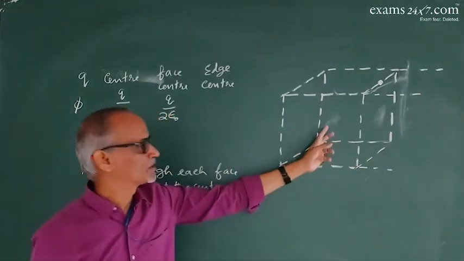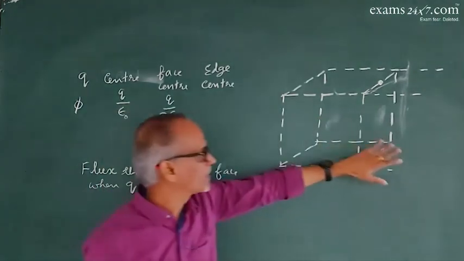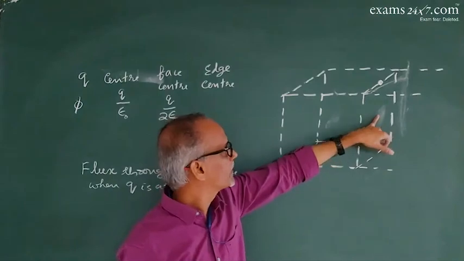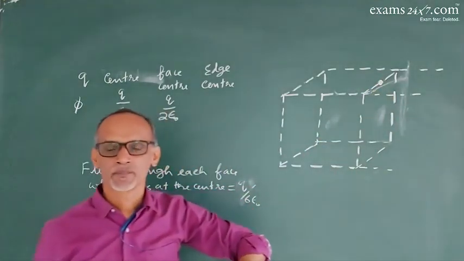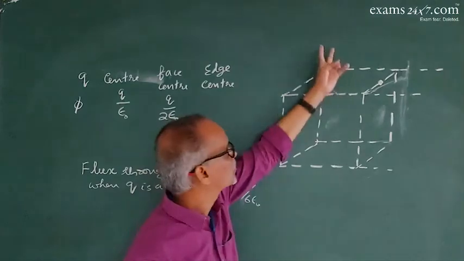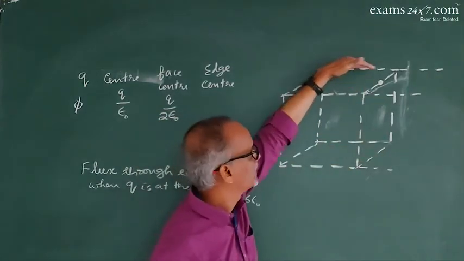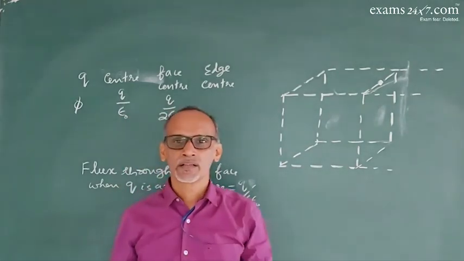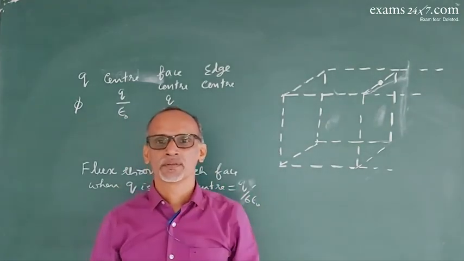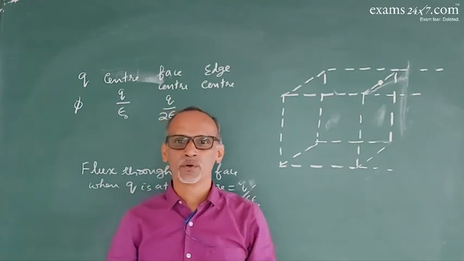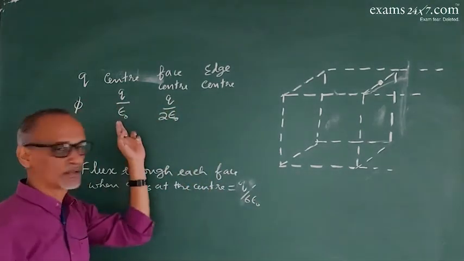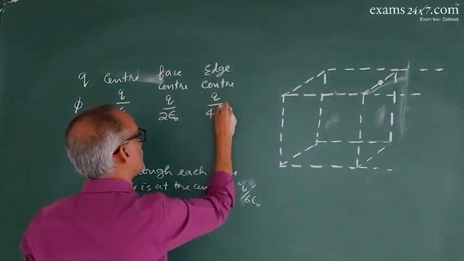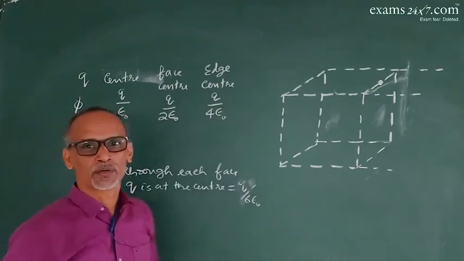Originally I took 1 cube, then I assumed 1 more to enclose the charge, but now when I place it at the edge, to enclose it I have to assume 2 more cubes above this, 1 here and 1 more here. Now you can see the charge is enclosed within 4 cubes. What is the flux through the 4? It's Q by epsilon naught. So the flux through each is Q by 4 epsilon naught.